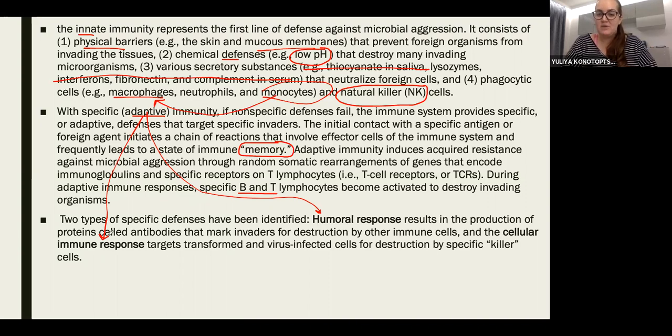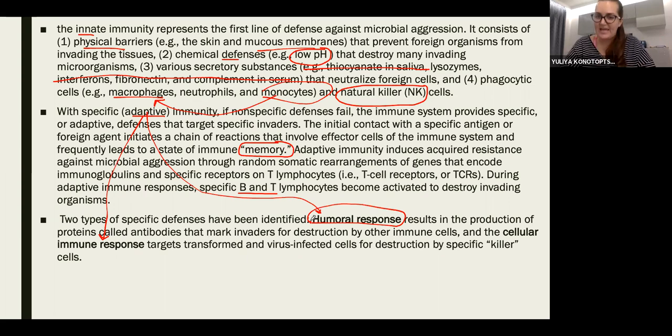We have said that B lymphocytes, they get activated by its antigen. They turn to become plasma cell. This plasma cell will make antibodies. This has a name. It's called humoral response. So everything that I have just said, this is called humoral response.